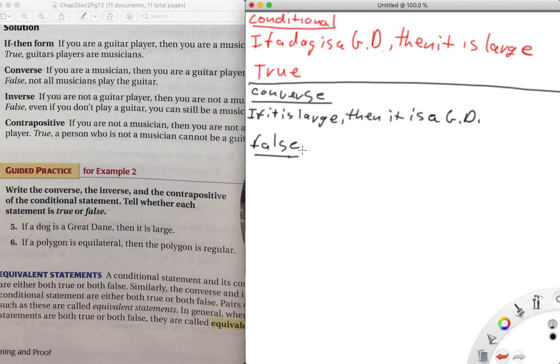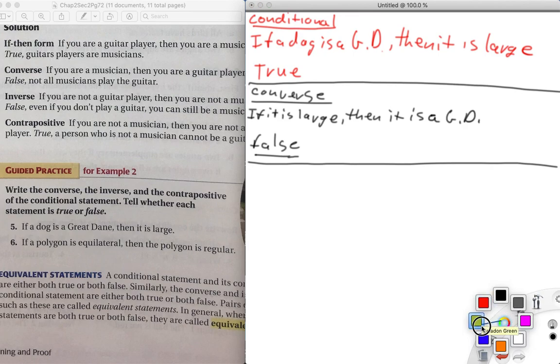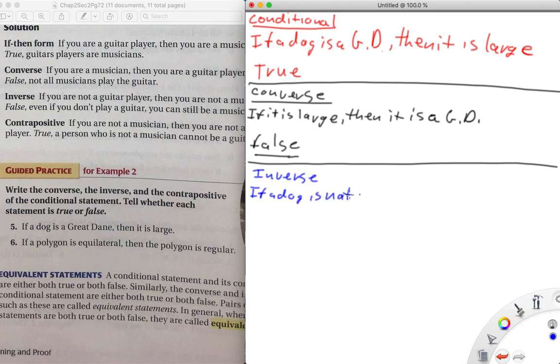So then we have the inverse. And the inverse would be, if a dog is not a Great Dane, then it is not large.